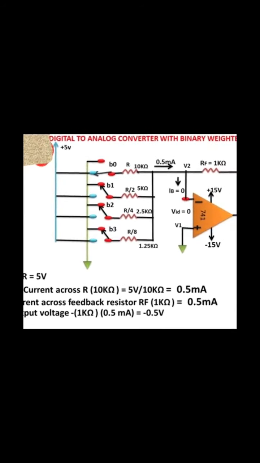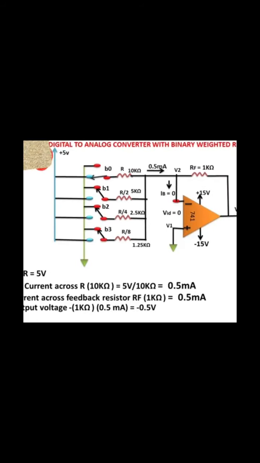Now consider the next step. B1 is closed, meaning B1 is connected to 5 volt and B0 is opened. This action connects R by 2 to the positive supply of plus 5 volt, causing twice as much current to flow through RF.